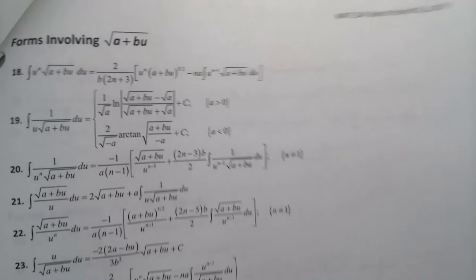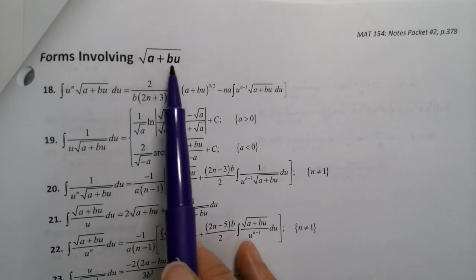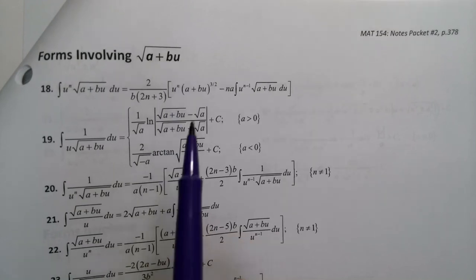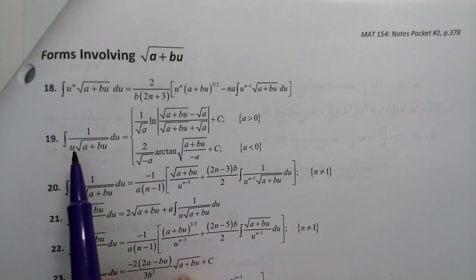Then I notice in my lovely table, after hunting, that I have this square root of a plus bu form. Huh, that's handy. Hey, look at number 19. It's got a u out there, right? U is x.